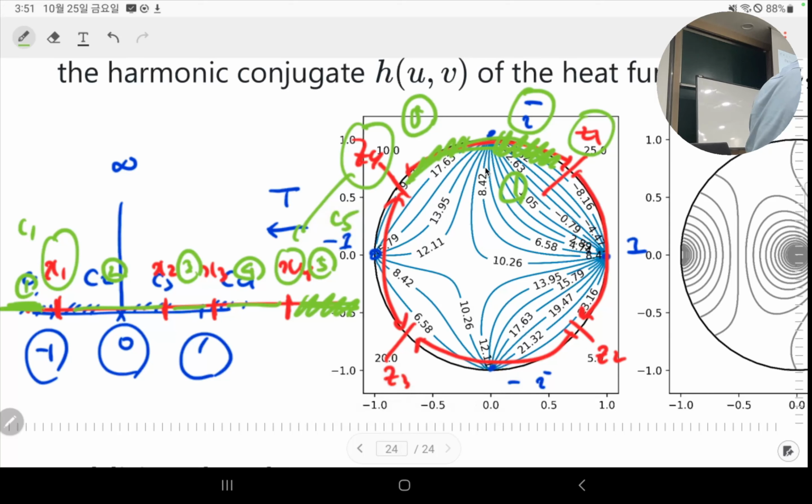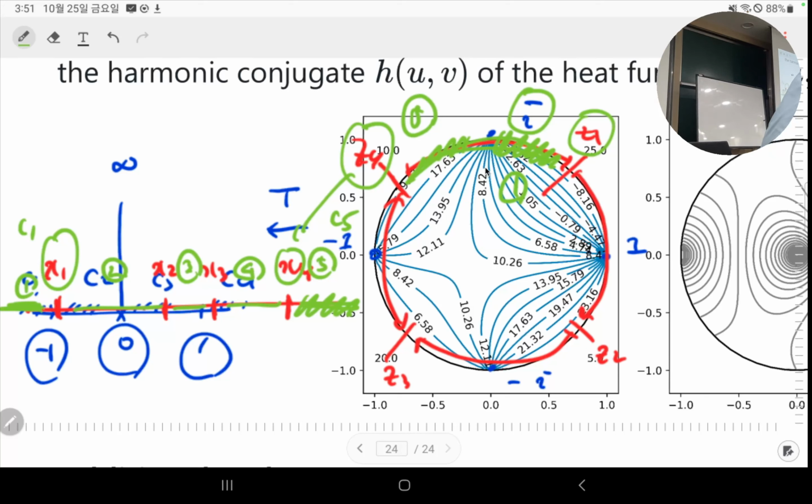If you set the boundary values of C1 and C5 the same, then it reflects on the boundary values between Z1 and Z4 in the unit disk. So there's nothing complicated here. The only thing you have to check is how these boundary points on the disk translate into boundary points on the upper plane. So that's all.